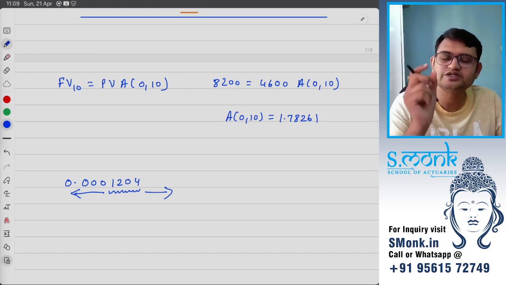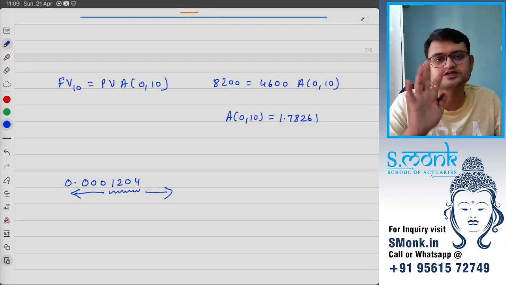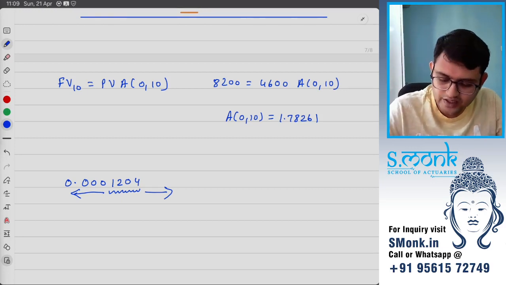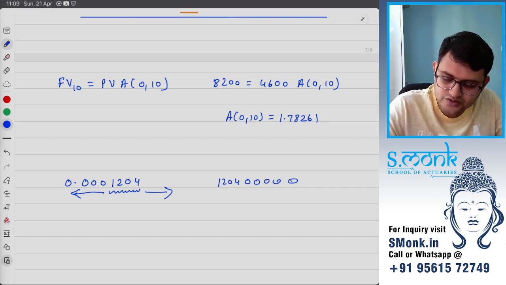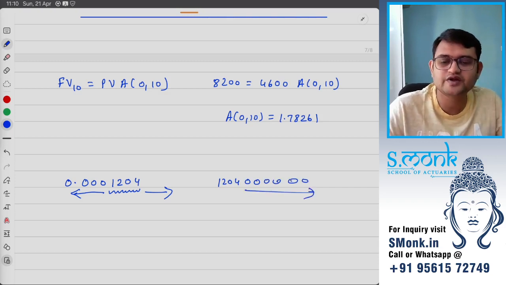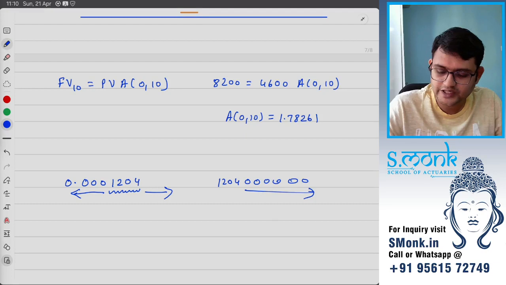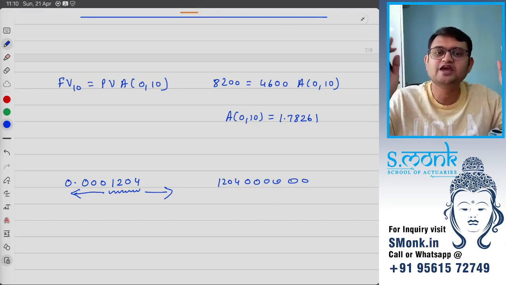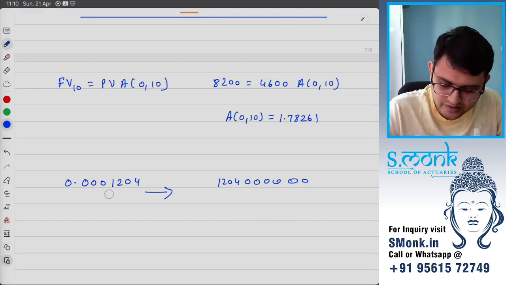Okay, so value is represented only by 1, 2, 0 and 4. In this particular case, I have only 4 significant numbers. Similarly, if I have 1, 2, 0, 4, 0, 0, 0, 0, 0. How many ever zeros I have, it does not change the value. It just changes the scale of that number, right?